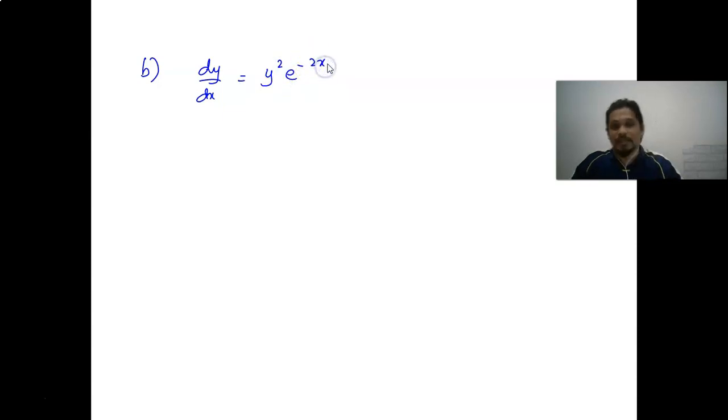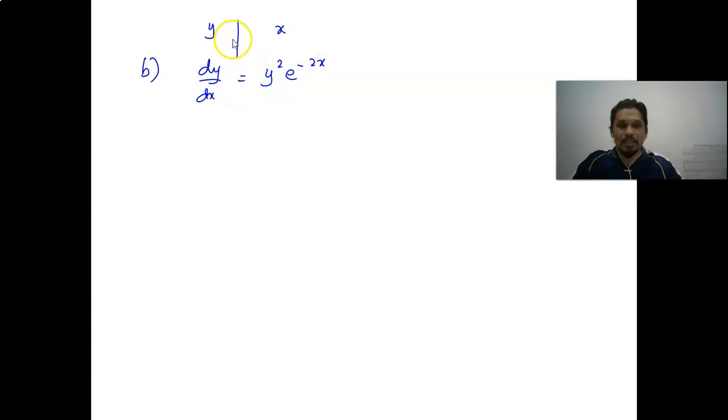Okay, question B. dy/dx equals y squared e to the power of negative 2x. So this is the house of y and this is the house of x.